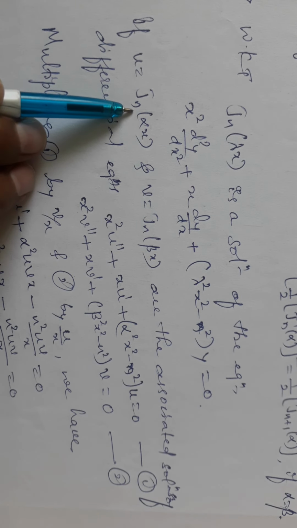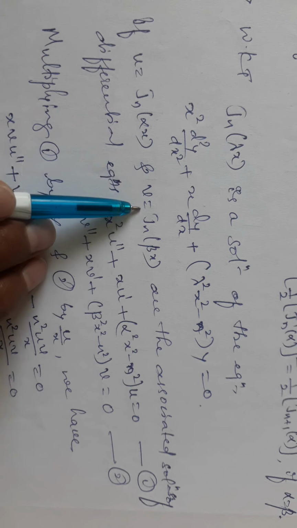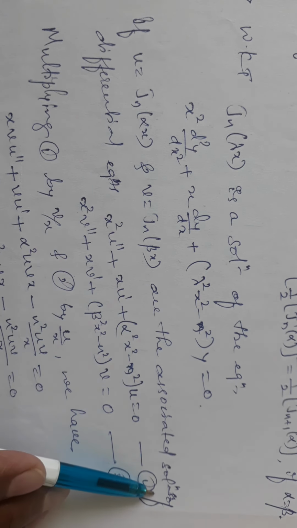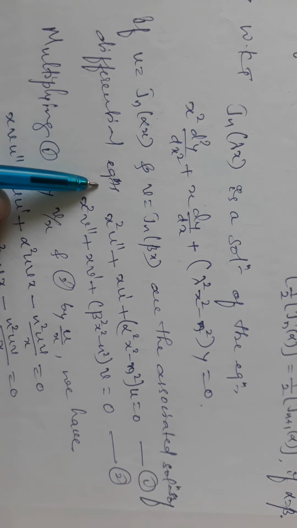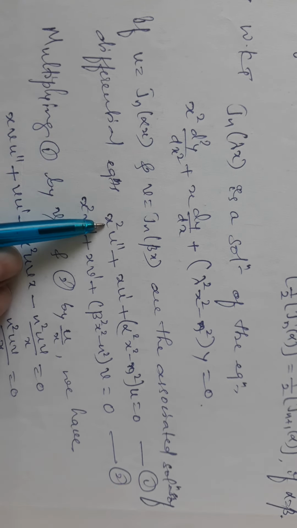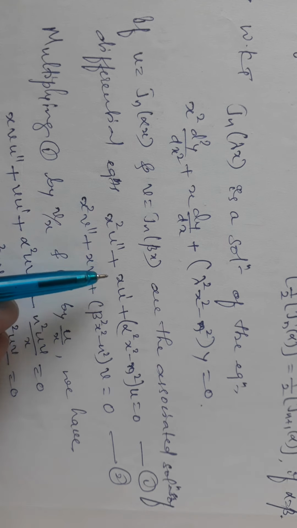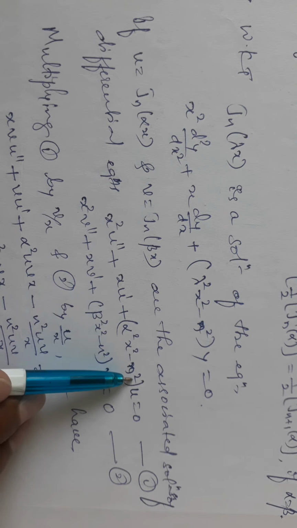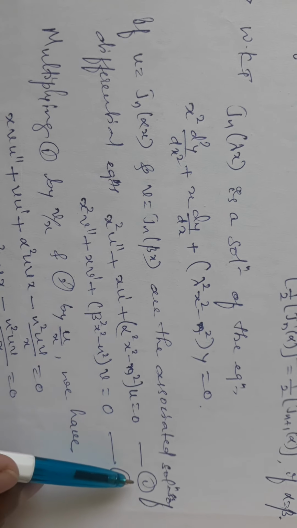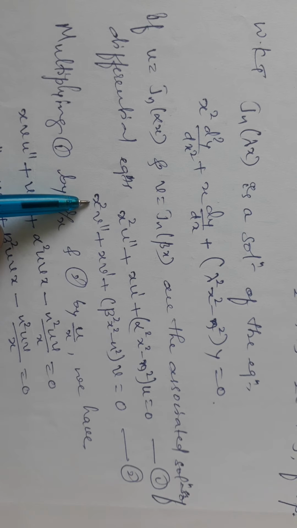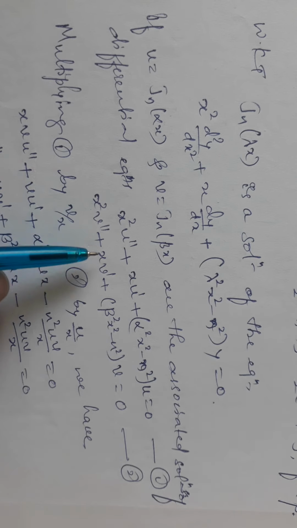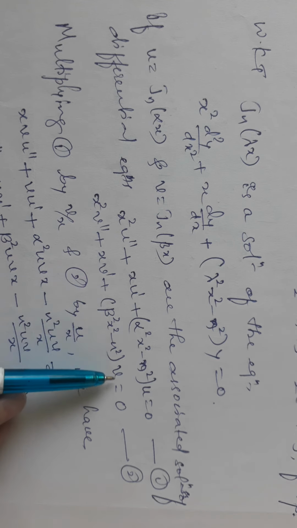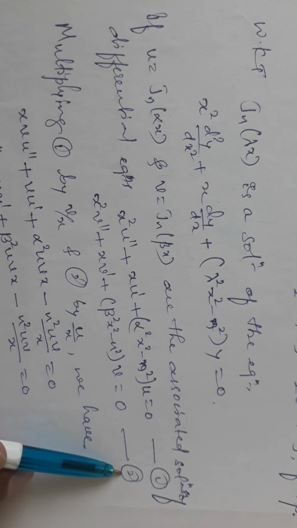If u = Jn(alpha x) and v = Jn(beta x) are the associated solutions of the differential equations x² u'' + x u' + (alpha² x² − n²) u = 0, we call this equation number 1, and x² v'' + x v' + (beta² x² − n²) v = 0, we call this equation number 2.